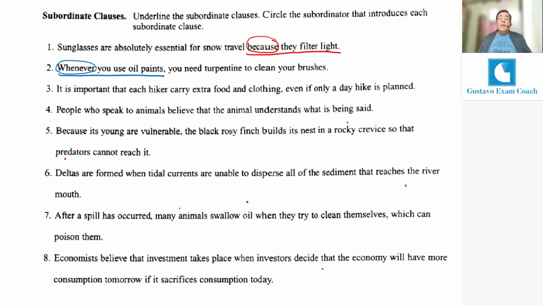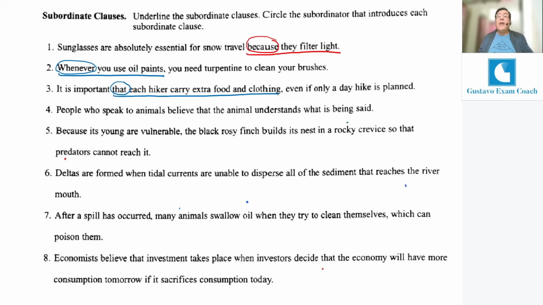But then we can notice that following important, there is another clause beginning with the word that: that each hiker carry extra food and clothing. Take a look. We can see here the subject, each hiker, the conjugated verb, carry, and there is the subordinator, that, which actually indicates that this underlying clause, this subordinate clause, is the true subject of the independent clause.